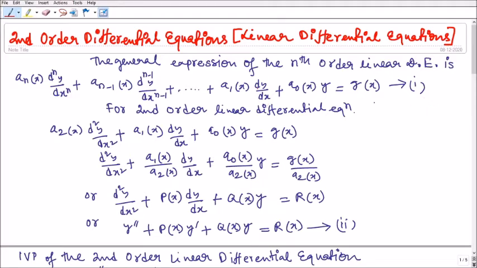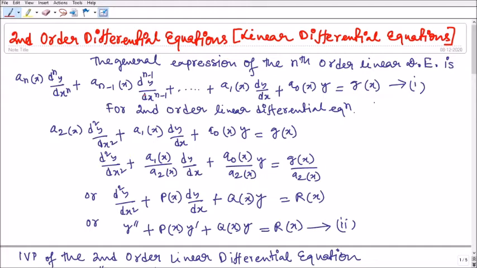Now, here it is a linear differential equation because the coefficients of y and all its derivatives are functions of x. So here a0, which is the coefficient of y, is a function of x, and a1, which is the coefficient of dy/dx, is also a function of x, and all other a's are functions of x.